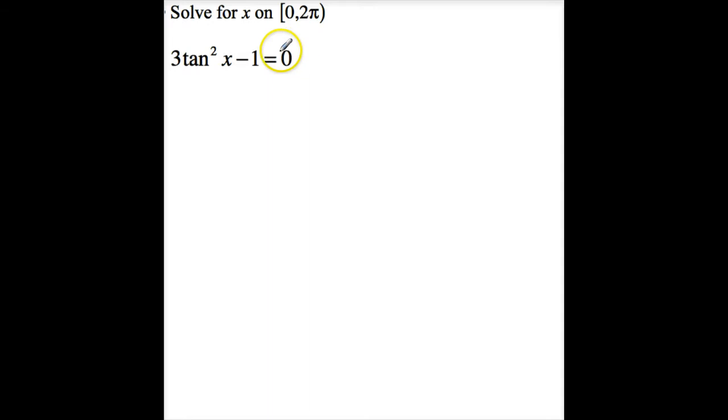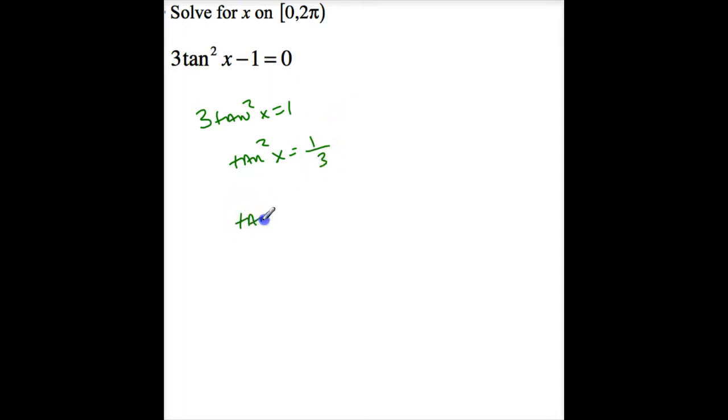Now, I have 3 tan squared x minus 1 equals 0. Let me get all my numbers on one side. So 3 tan squared x equals 1. Or tan squared x is equal to 1 over 3, sorry, got carried away doing steps ahead.